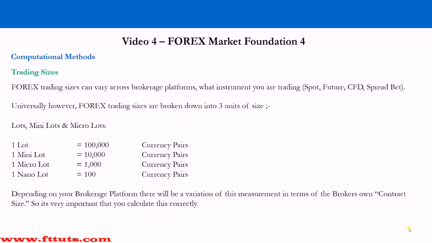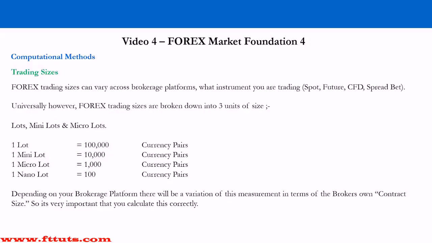Let's have a look at trading sizes. Trading sizes is a funny one because across different platforms, Forex trading sizes can vary, depending on what instrument you're trading: spot market, futures, CFD, spread betting.